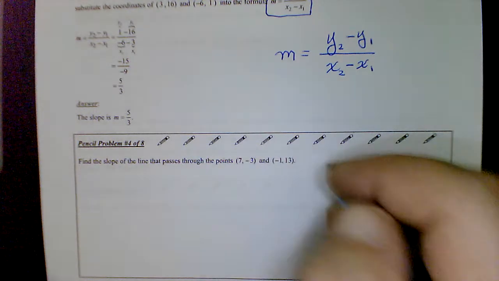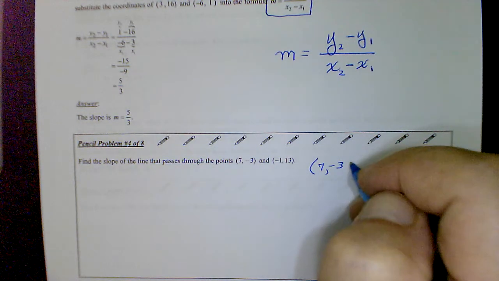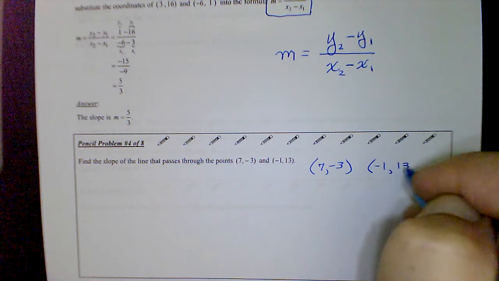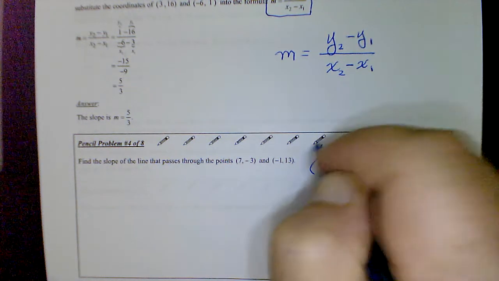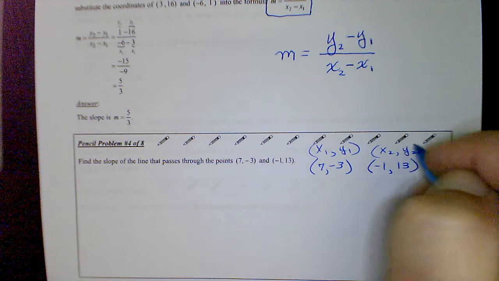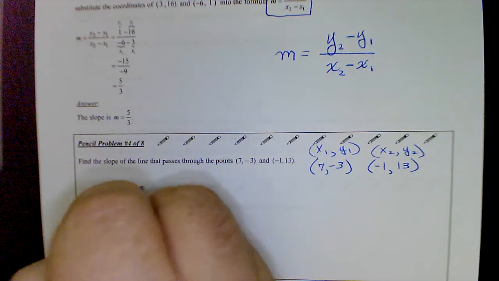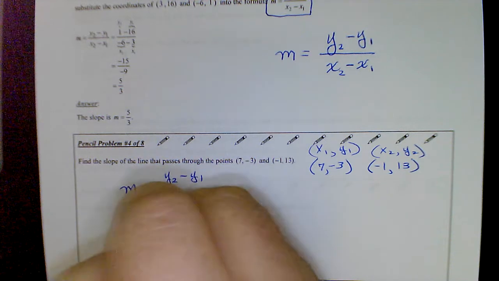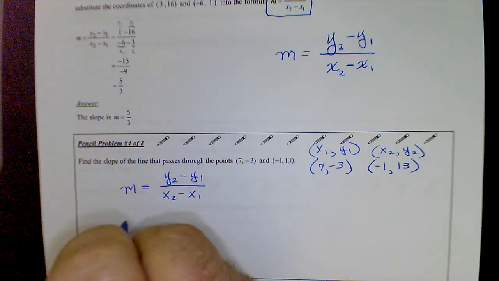Okay, so here I'm going to rewrite these points, 7, negative 3, and the other point is negative 1, 13. I'm literally going to label them x1, y1, and x2, y2. And I'll write the formula down formally. M is y2 minus y1 over x2 minus x1.